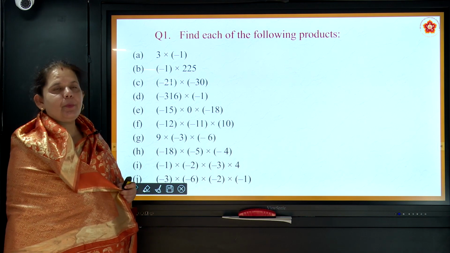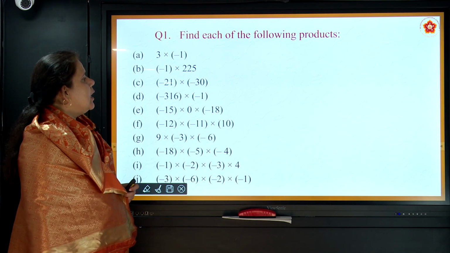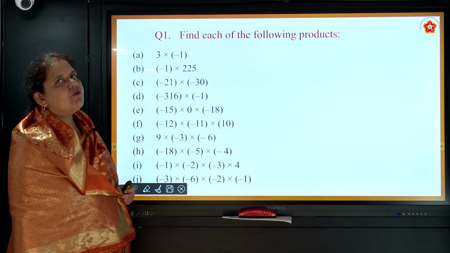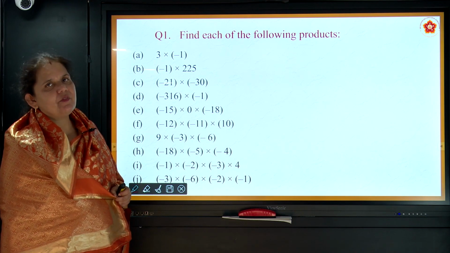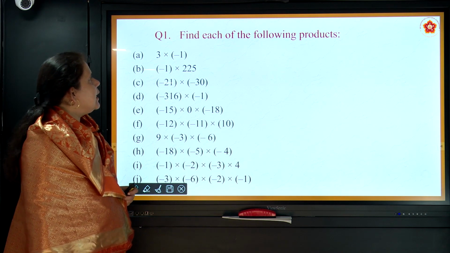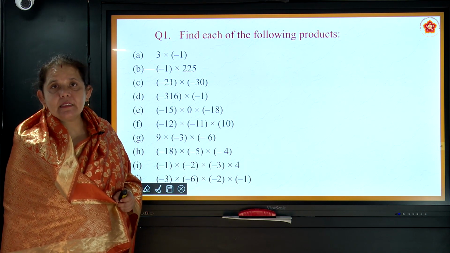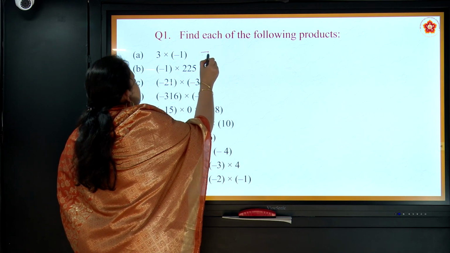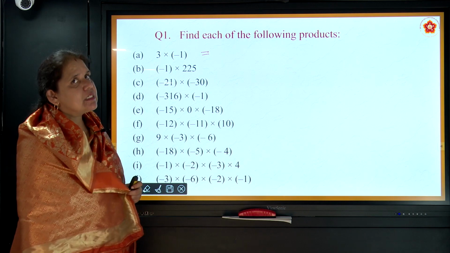Now, we will be taking up some questions, and the questions which are here, they are a mix of all the concepts, all the properties that we have done till now. Tell me, what would be 3 multiplied by minus 1? I told you whenever multiplication is there, you just have to multiply first the numbers.